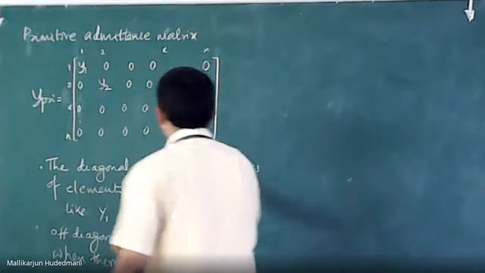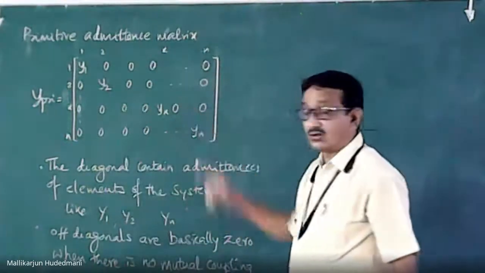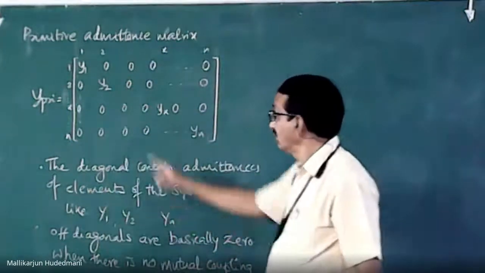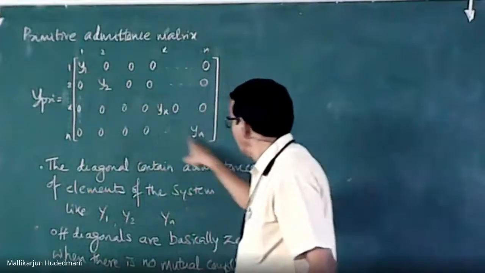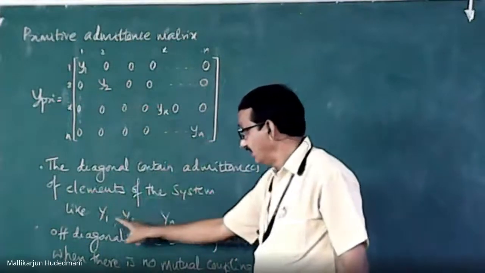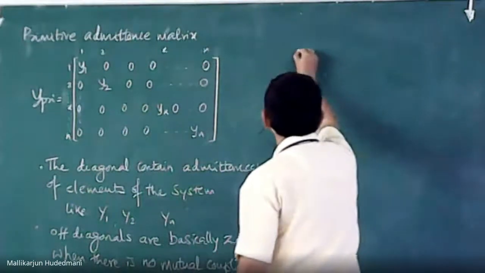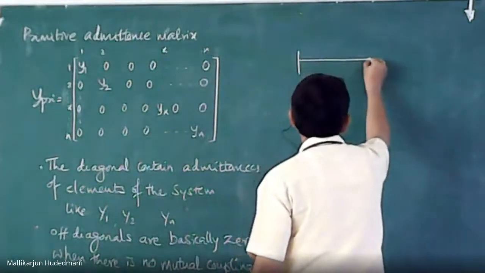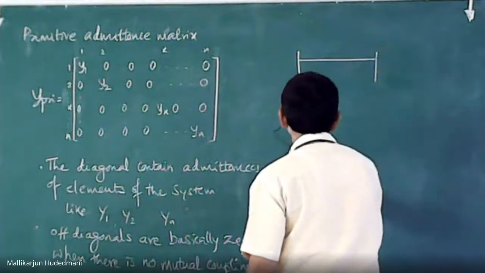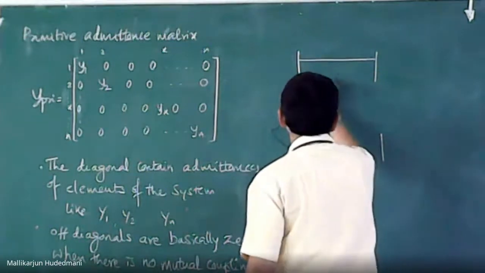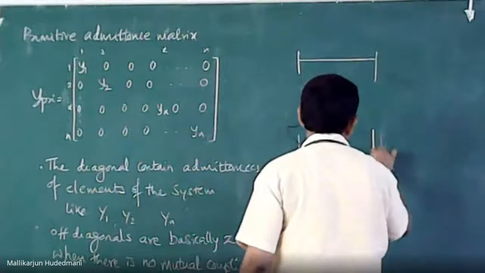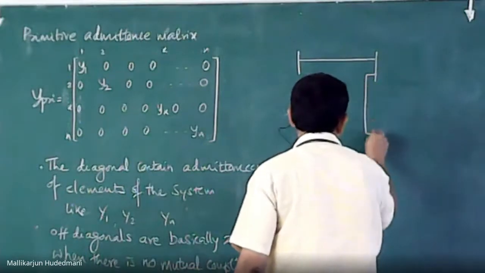Then the characteristics of the Y primitive matrix are that the principal diagonal contains the elemental admittances. If I project a simple example, for your understanding, suppose I draw a representation like this.